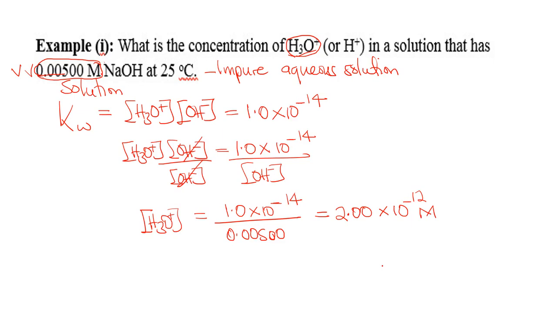So take note that I used 3 significant figures because my question had 3 significant figures here. I did not use the significant figures of this constant because this is just a constant. Normally it's given to 2 significant figures, but I used the significant figures from the question.